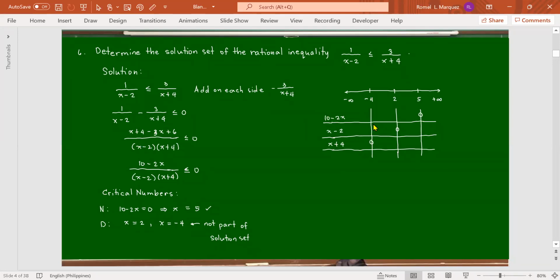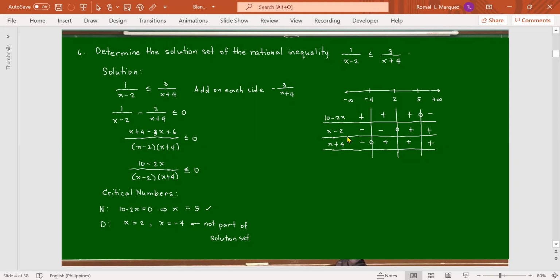We want to know the signs of each expression in every interval. Here negative, positive, positive, positive, because the coefficient of x is negative. For x minus 2, negative, negative, positive, positive, positive coefficient. The third one is positive coefficient, so negative, positive, positive, positive.